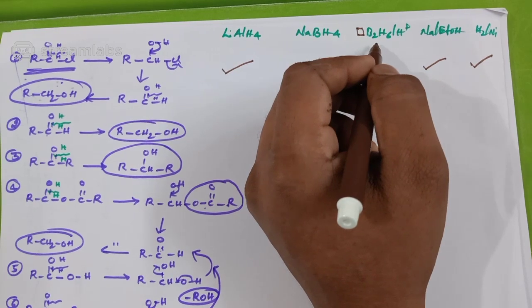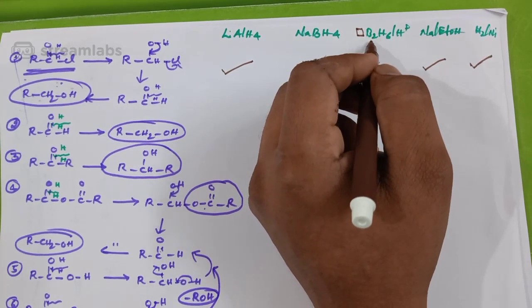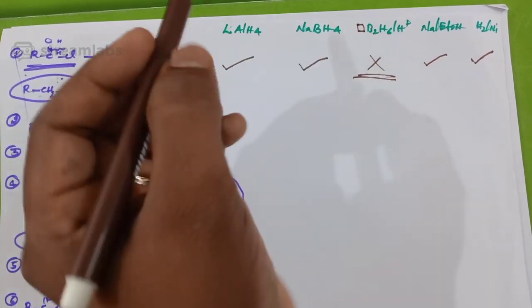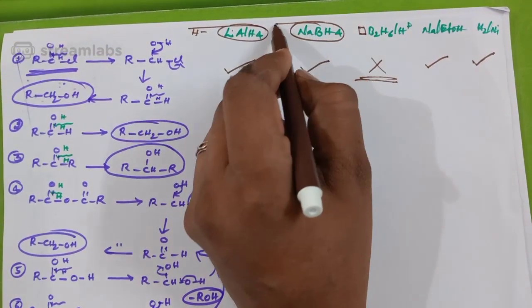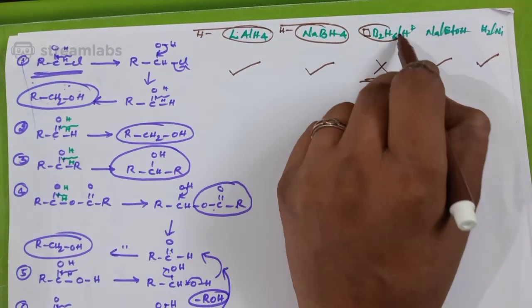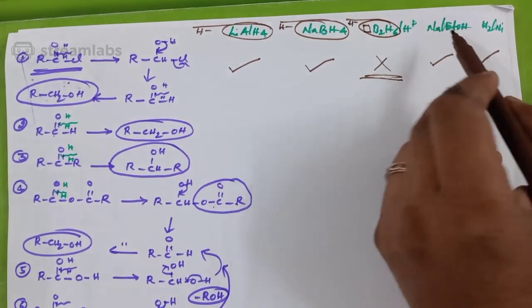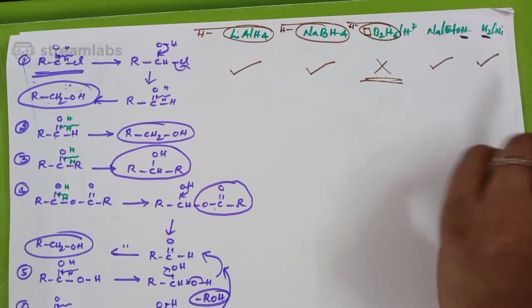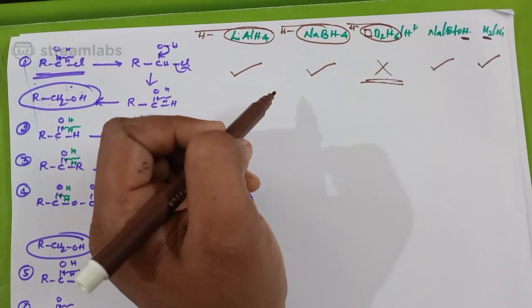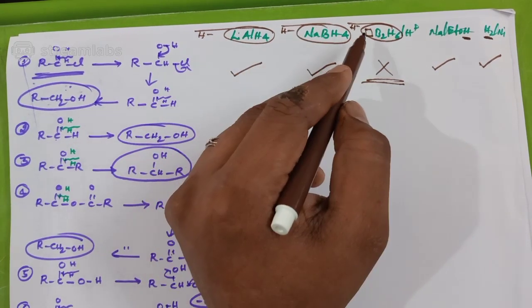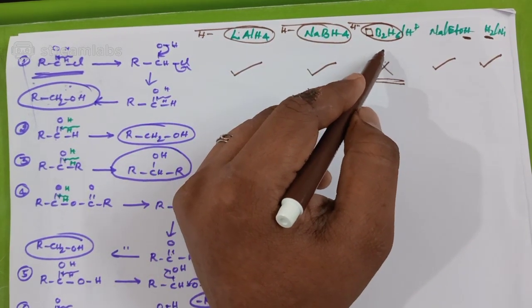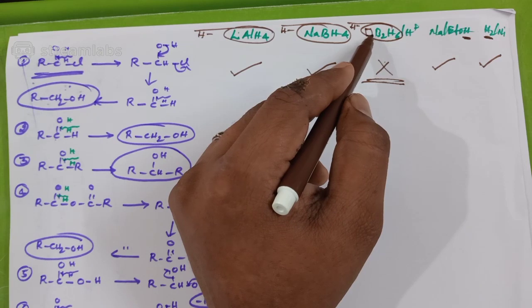So it's electron deficient. Whenever the atom is electron deficient, it acts as a reducing agent, because LiAlH4 releases H minus, NaBH4 releases H minus, and BH3 also releases H minus, and here H plus is removed from here and direct addition of H2. These are the source of hydrogens from these reagents. So here H minus and here also H minus, and here H minus is difficult to lose because electron deficient compounds are present.